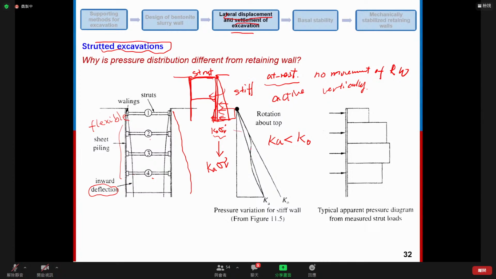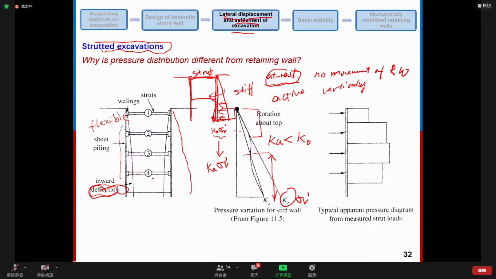So you can see this is another figure to show you. In the upper part of the retaining wall, the soil is at a rest condition, so we have K0 times the vertical stress, but the lower part of the soil, due to the deflection, has an active condition. Okay.